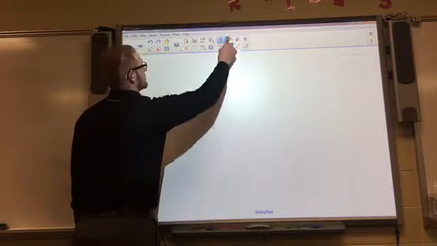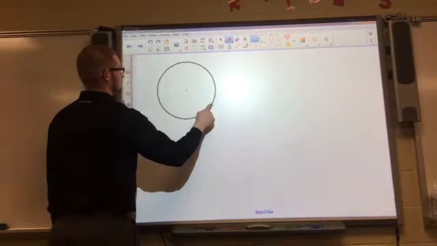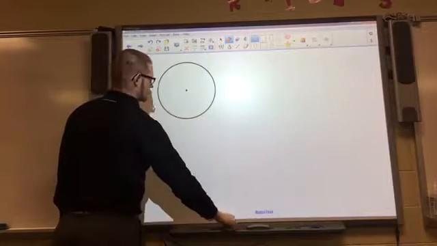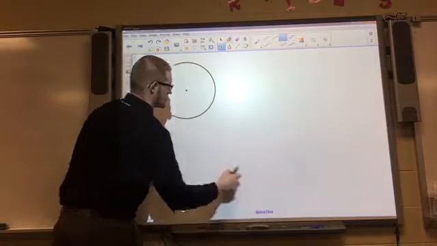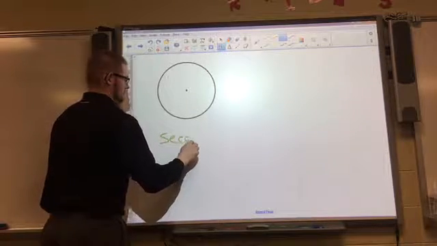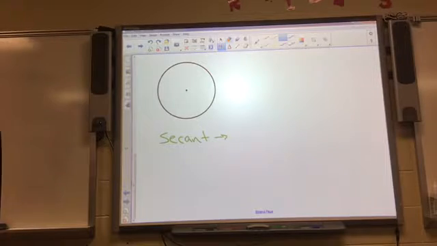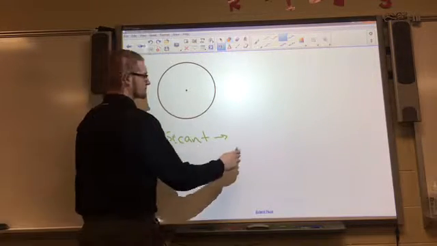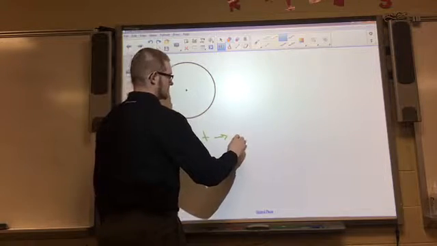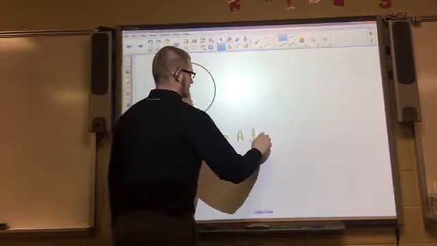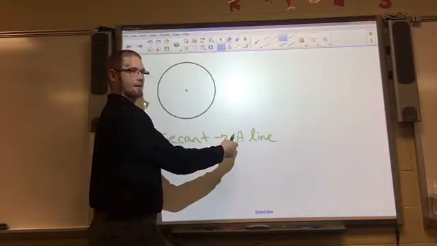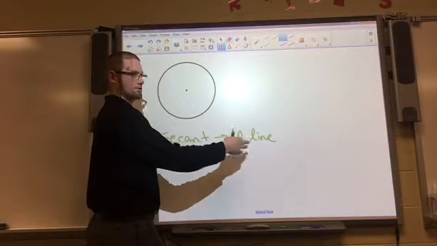The next new term that we have is a secant. A secant is a line. It says a line, it could be a segment, so be aware of that.